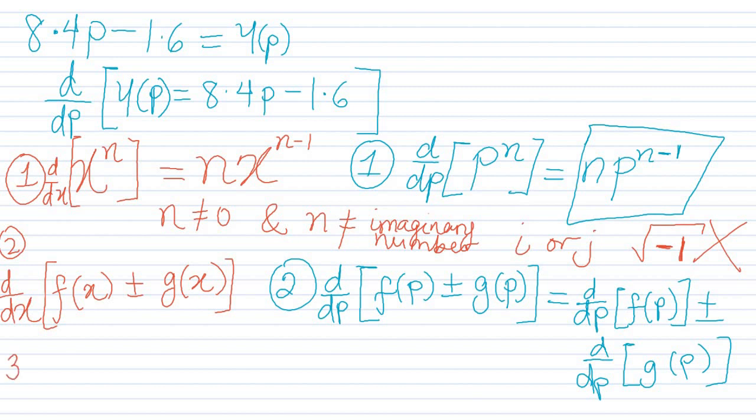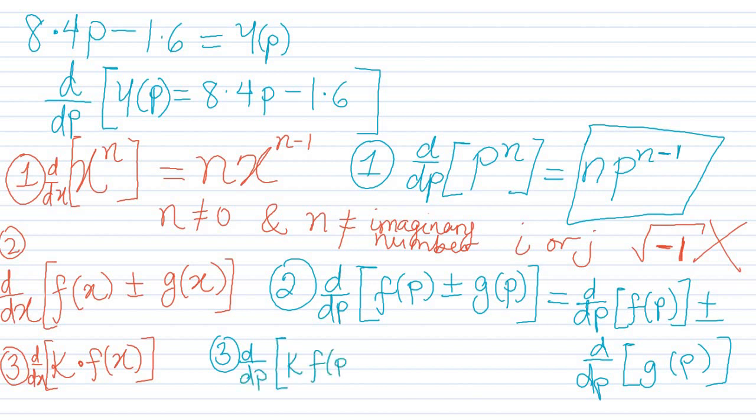And the third piece of information is having k times f(x), and we do the differentiation d/dx. In this case we have p, so we can just do d/dp of k f(p).